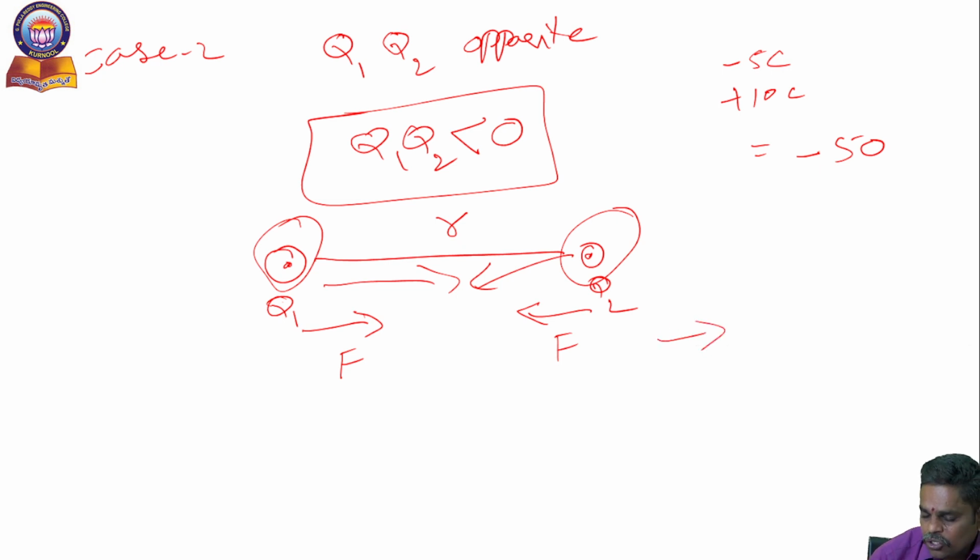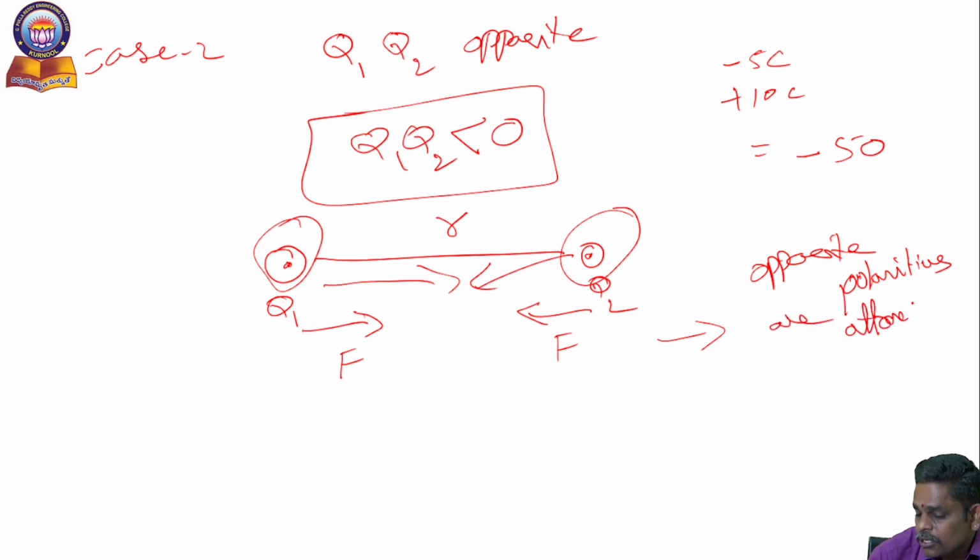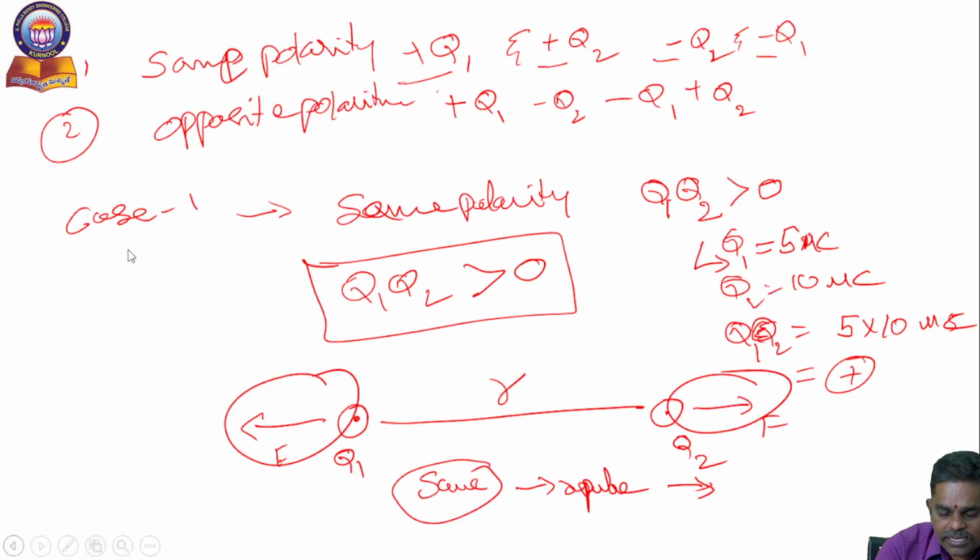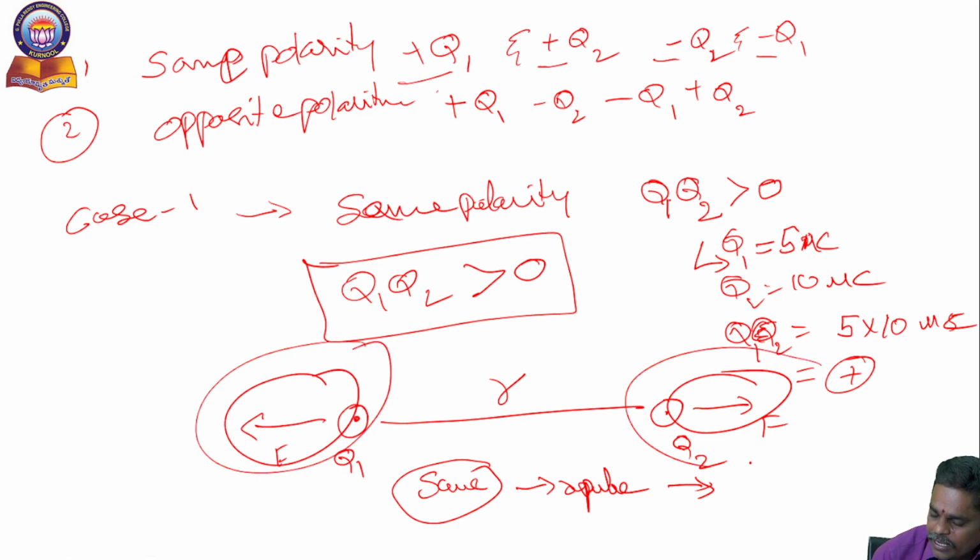This we know: opposite polarities attract each other. So we have done two cases. In the first case, with same polarities, the charges repel each other, going away.